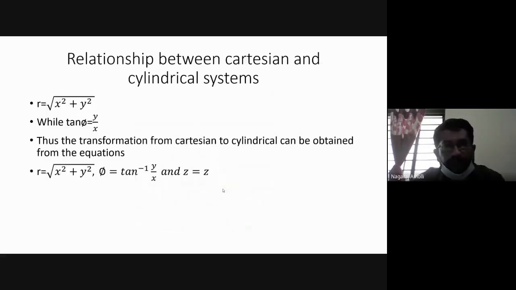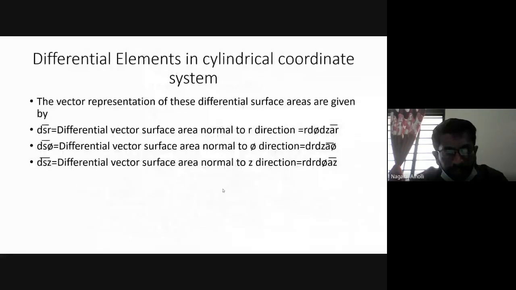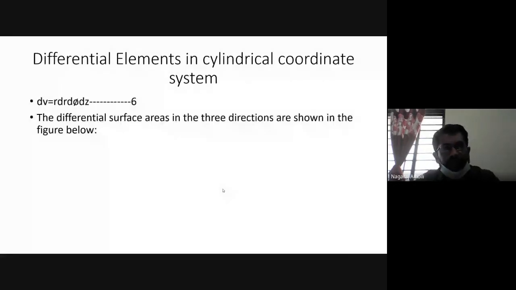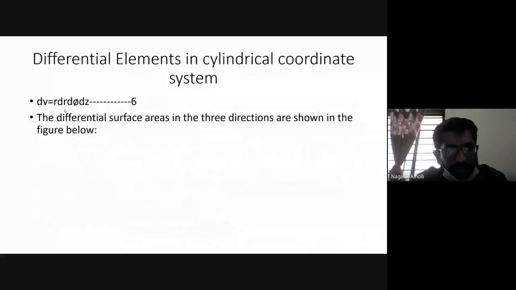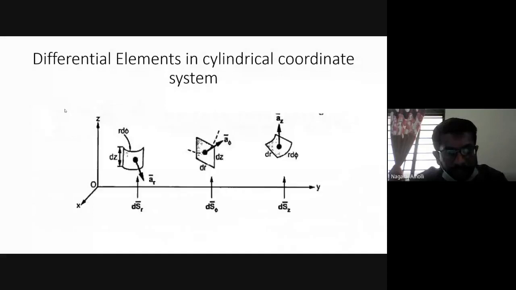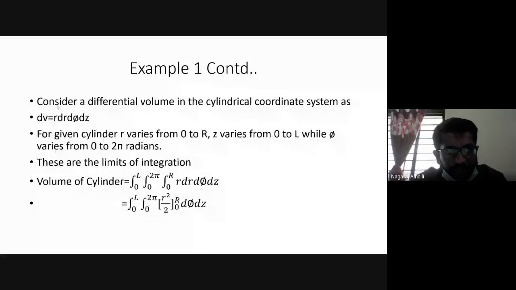Differential volume in the cylindrical coordinate system is given by the equation dV equal to R dR d phi dz. This we did in the last class, when discussing the differential elements in the cylindrical coordinate system. So dV is equal to R dR d phi dz.